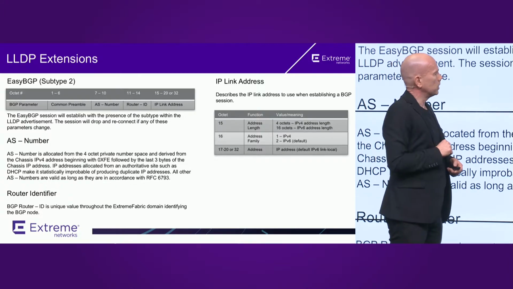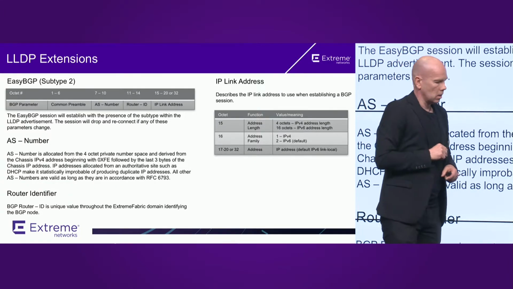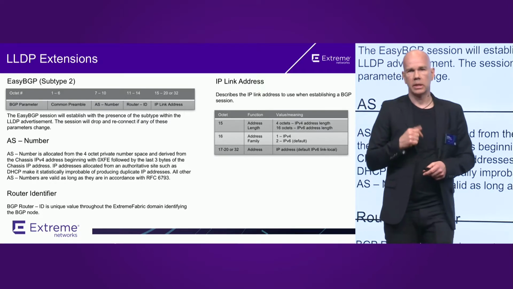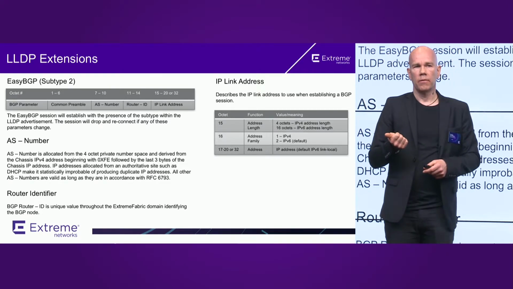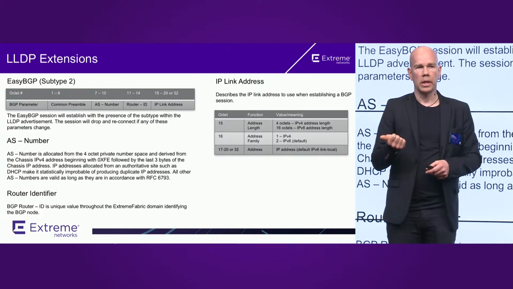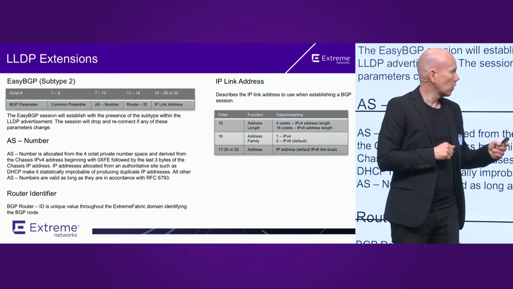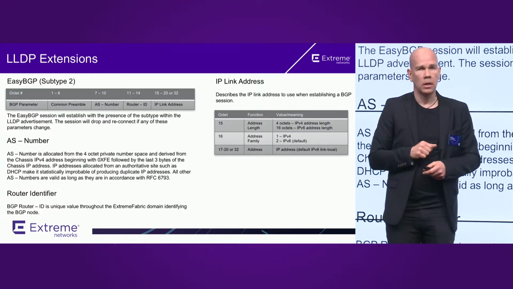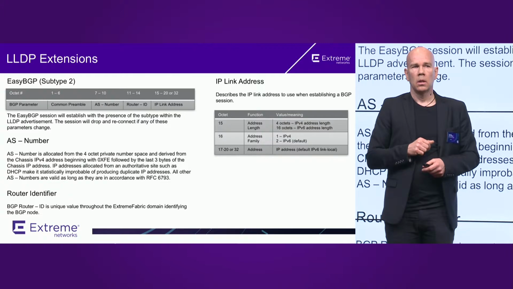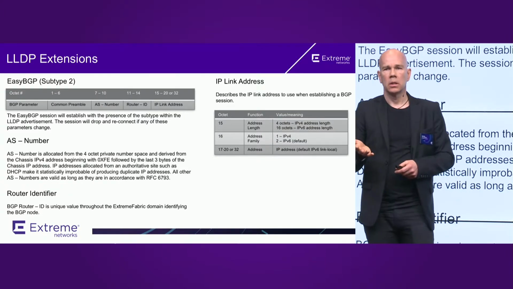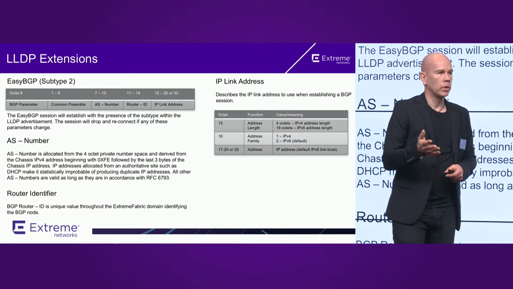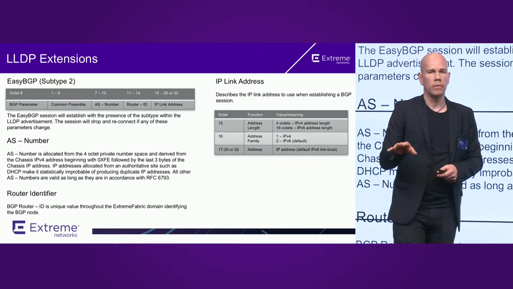For the BGP part, once I have my BGP session established, if any of the attributes change, I'm going to clear that session and re-signal it again. It's just normal BGP as such. On the right-hand side, for your IP link addresses, you have IPv4 and v6. As I walked you through, IPv6 is the default for this.